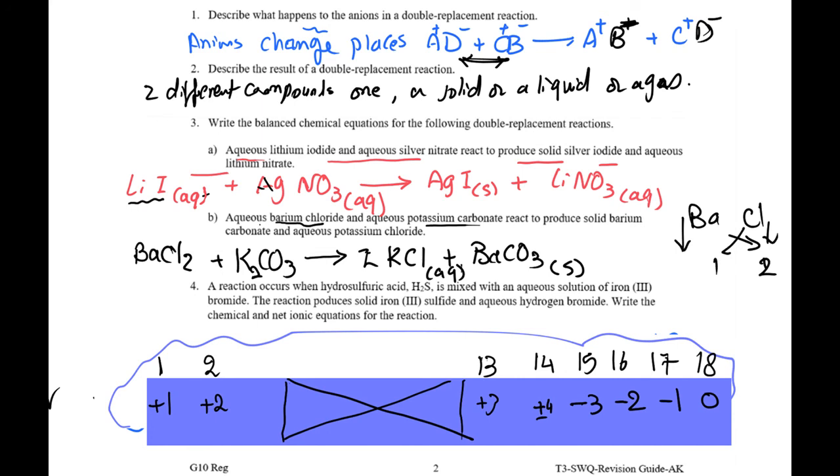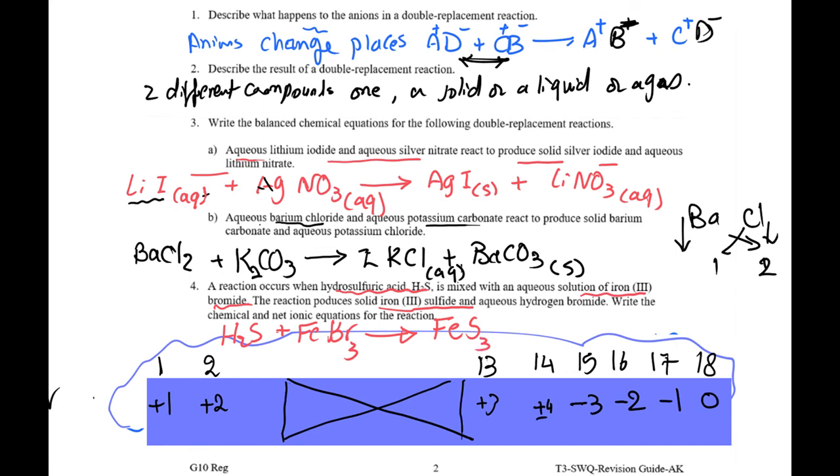A reaction occurred between hydrosulfuric acid, H2S, with an aqueous solution of iron(III) bromide. Iron(III), so I will write 3 here, bromide Br, and Br has a valency of 1 due to its position in group 17. The compound formed will be solid iron(III) sulfide, Fe2S3.